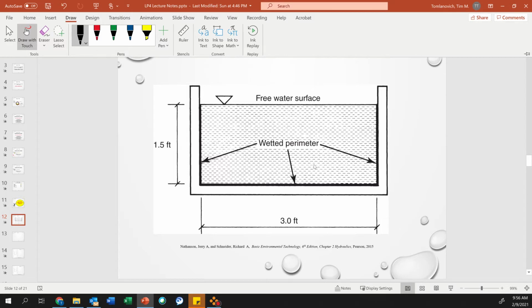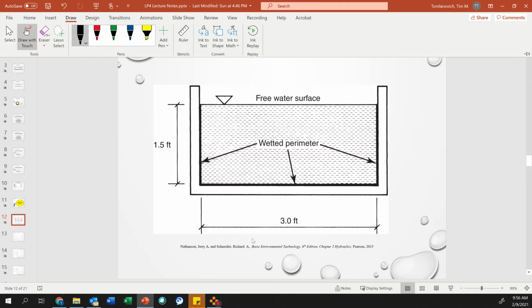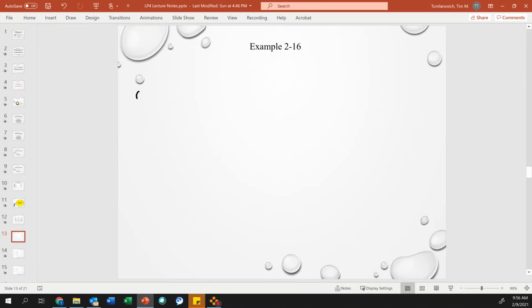The bottom of the channel drops at an elevation rate of 0.5 feet per 100 feet. What is the discharge in the channel when the depth of water is 1.5 feet? Assume n equals 0.13. Okay, so first let's write down, are we in English or metric? We're in English. So let's write down our equation.